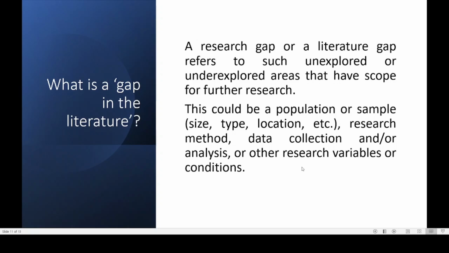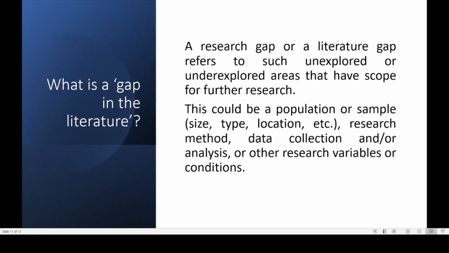And other research variables or conditions. Variables means the different situations which are varying in research. For example, temperature can be one variable, and humidity of the locality can be another. Rainfall too: in some areas of Kerala there is more rainfall, and in other areas the rainfall is poor. If we go to the Munnar area, the temperature is low and it is colder, whereas if we come to the Kochi area, it is hotter.